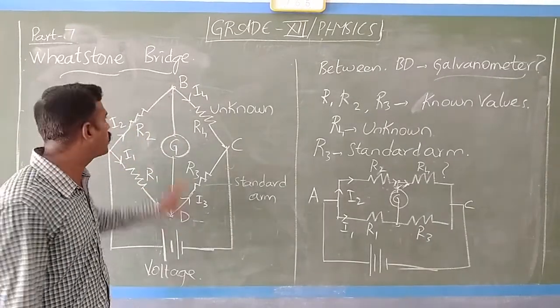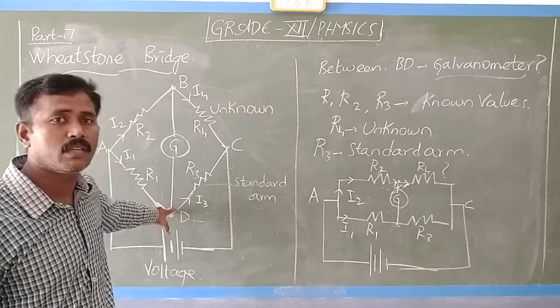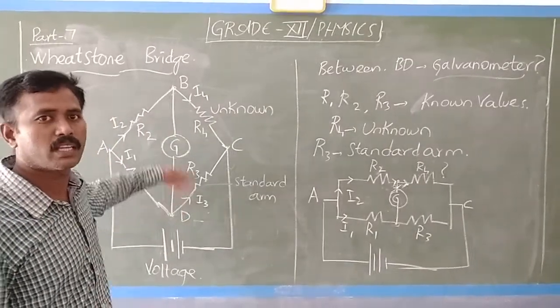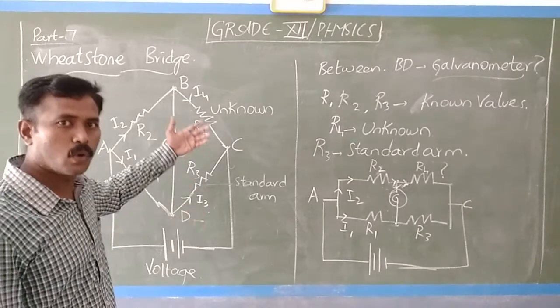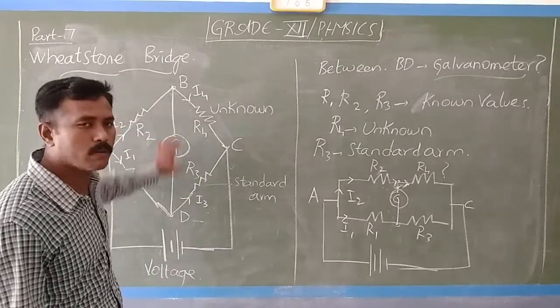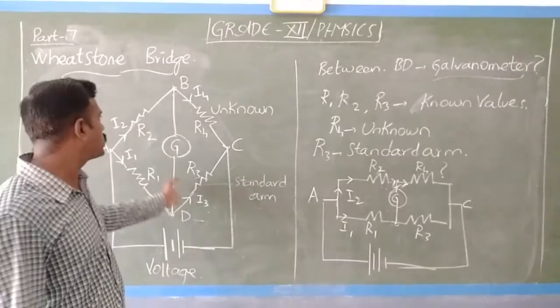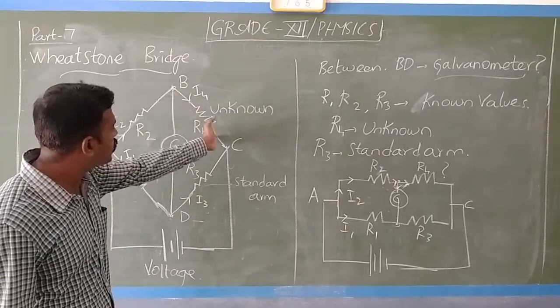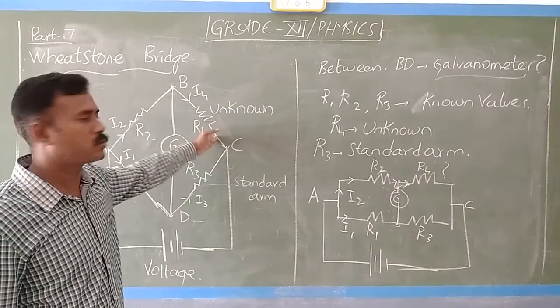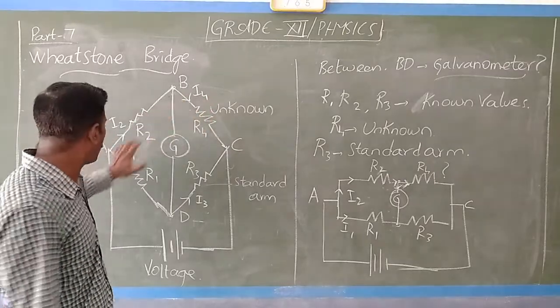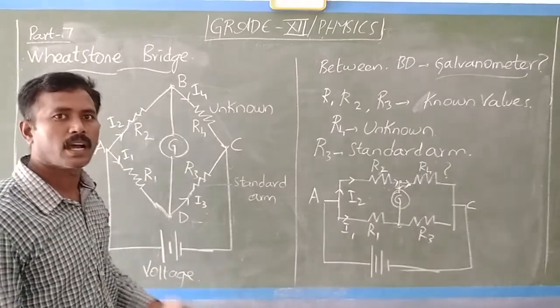The potential at point B and the potential at point D should be the same. So when there is no potential difference, no current will flow from point B to point D. So the same current I2 will go to R4 also. So I2 equals I4, I1 equals I3.